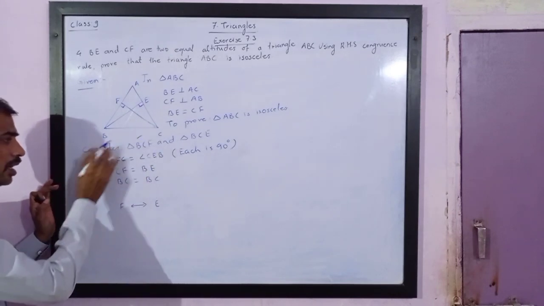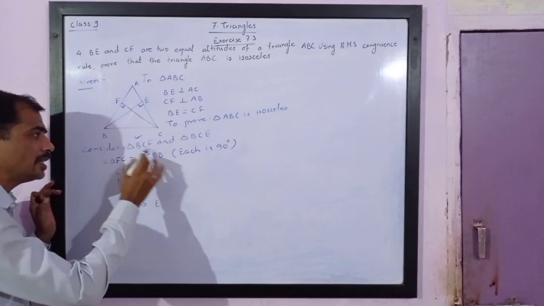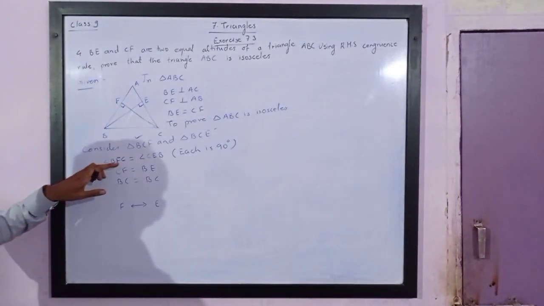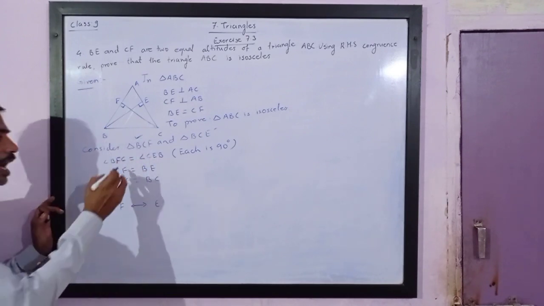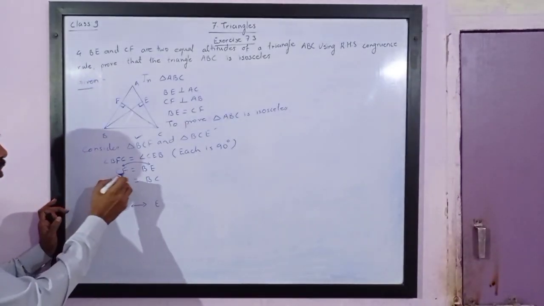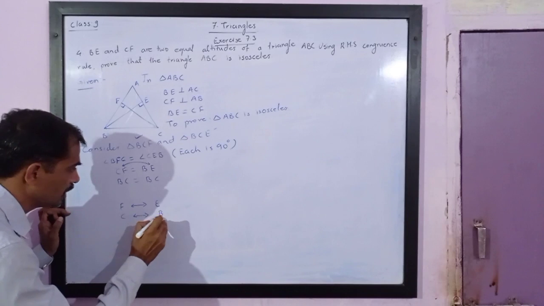So on the left hand side, all angles and sides must be of the first triangle, and on the right, angles and sides must be of the next triangle. So here, in BFC, F corresponds to E. If F corresponds to E, it means C corresponds to B. C corresponds to B in this triangle.